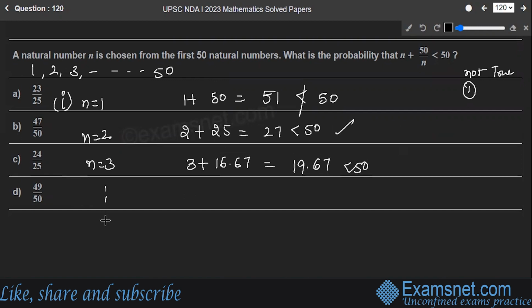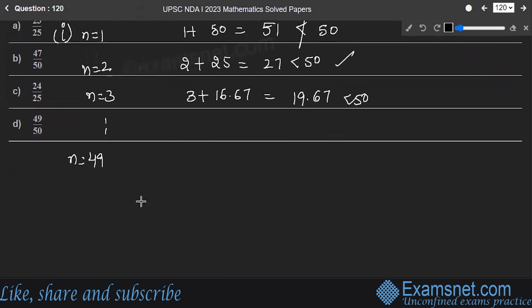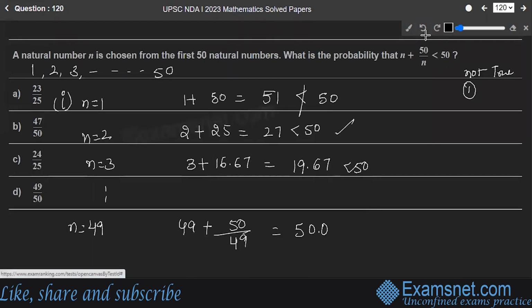You keep on going. Let's try for n equal to 49. When you put that, you will have 49 plus 50 upon 49, which is equal to 50.02, more than 50, which is not less than 50. So I have one more condition which is not true.